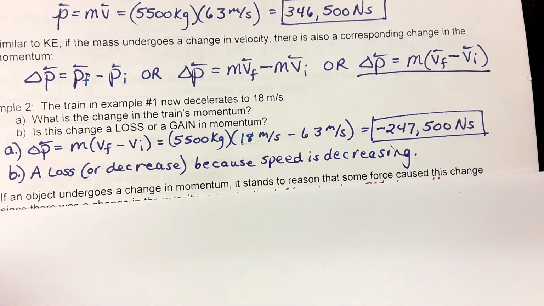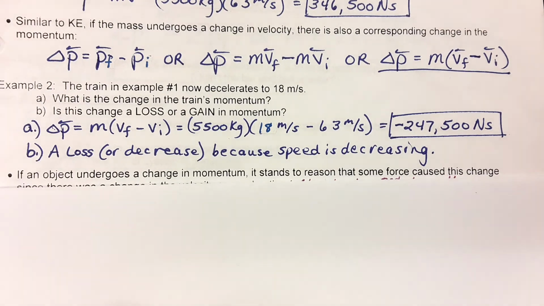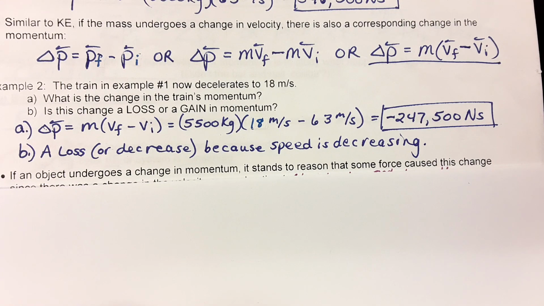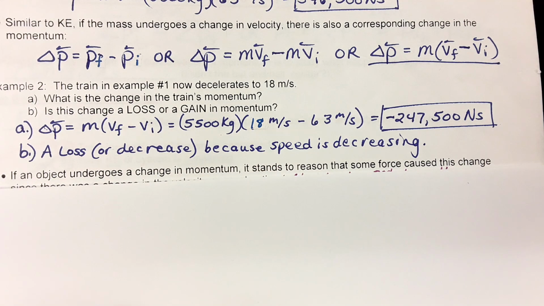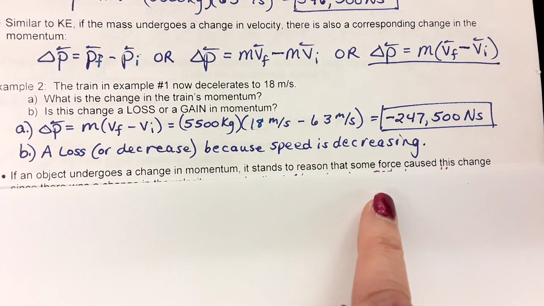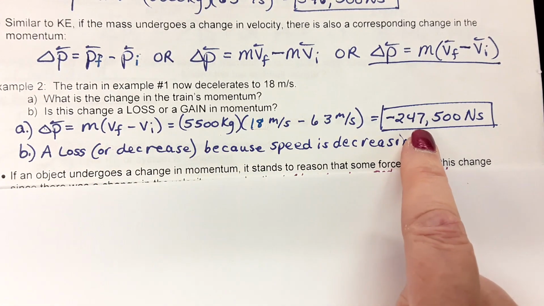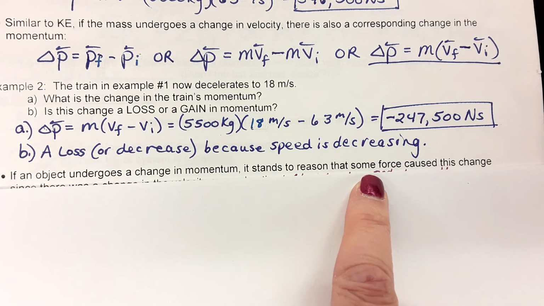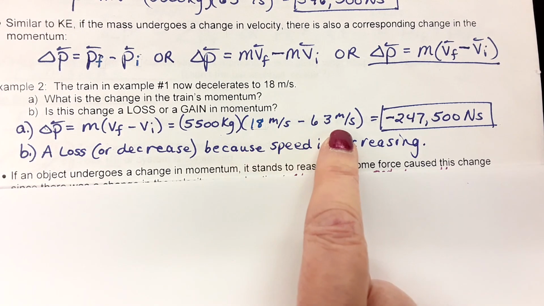Now, I don't know about you guys, but I know that from our discussion of dynamics in the last few months, we know that if something is slowing down, if it's decelerating, that's because it took a force to do that. And what I want to look at for the next couple of minutes is how that force relates to our change in momentum, because the force is what makes the mass decelerate or change velocity.